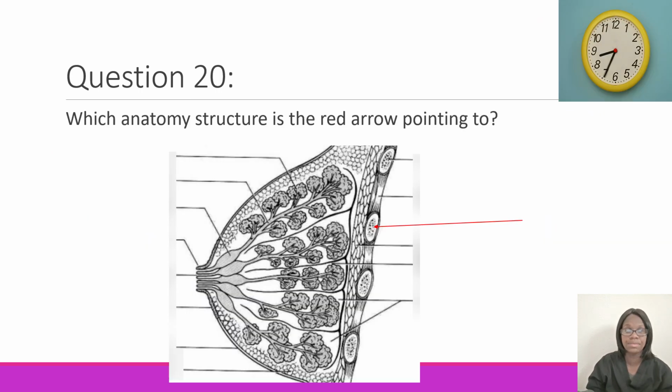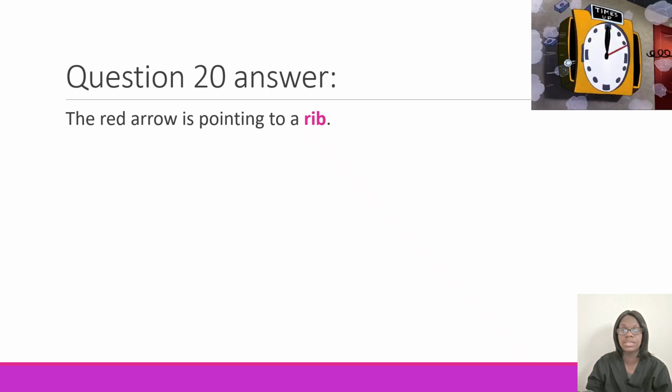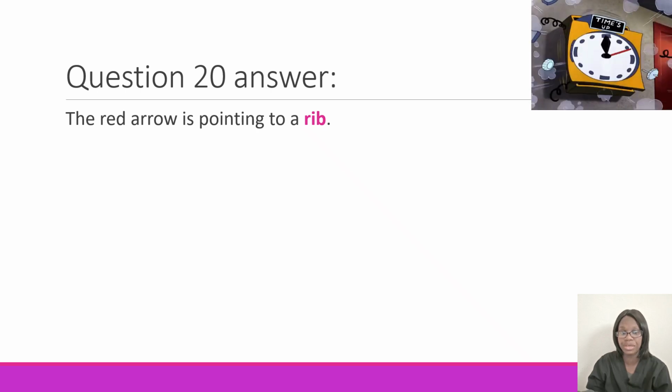Okay, question 20. Which anatomy structure is the red arrow pointing to? So I know it's a lot of arrows pointing, so just look at the red one. Okay, the correct answer is the rib. It's pointing to a rib.